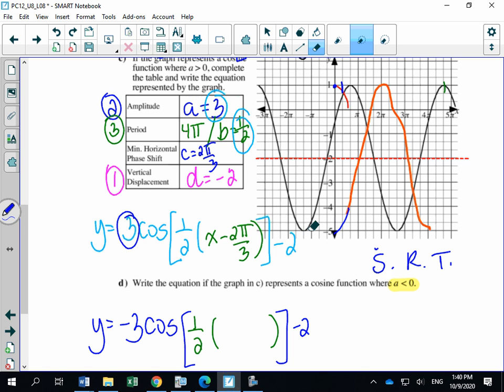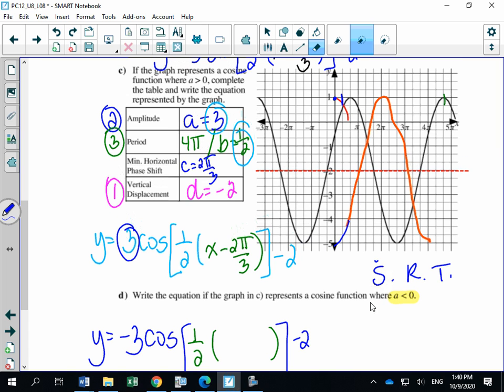We would get the exact same value no matter which peak I choose. So if I choose, let's say, up here, that's after my reflection. Now let's undergo the translation. Each box is worth pi over 3. So 1 pi over 3, 2 pi over 3, 3 pi over 3, 4 pi over 3. So 4 pi over 3 to the left.